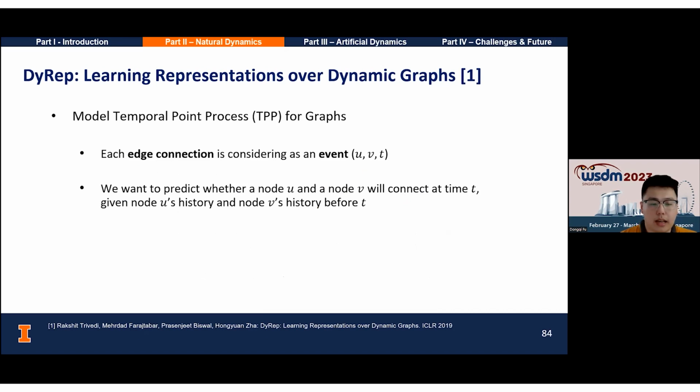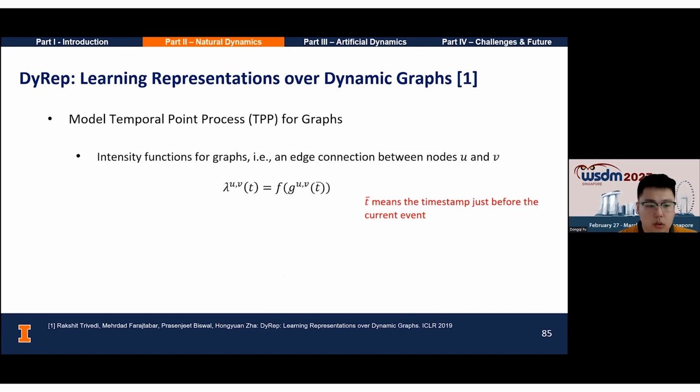The next part is how could we model the temporal point process for graphs? In this work, each edge connection is considered as an event, which is denoted as (u, v, t). We want to predict whether node u and node v will connect at time t, given node u's history and node v's history before t.